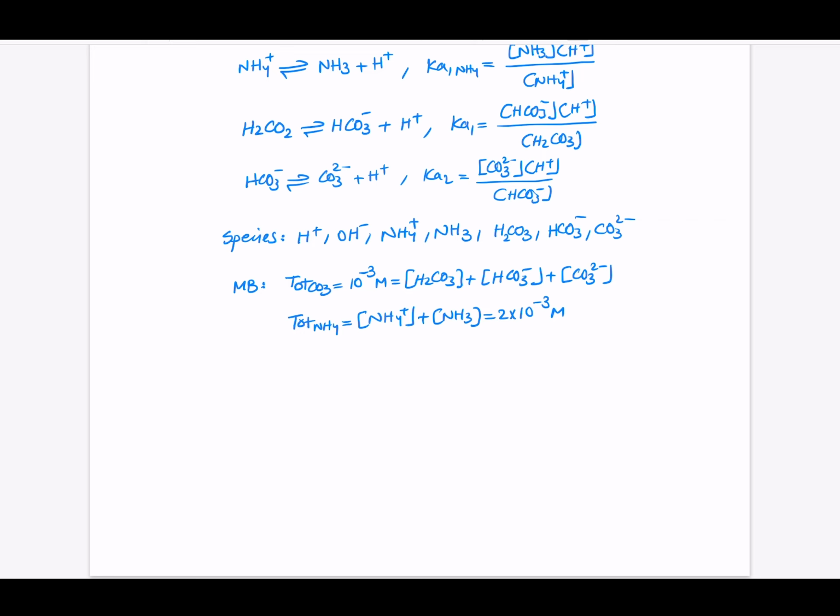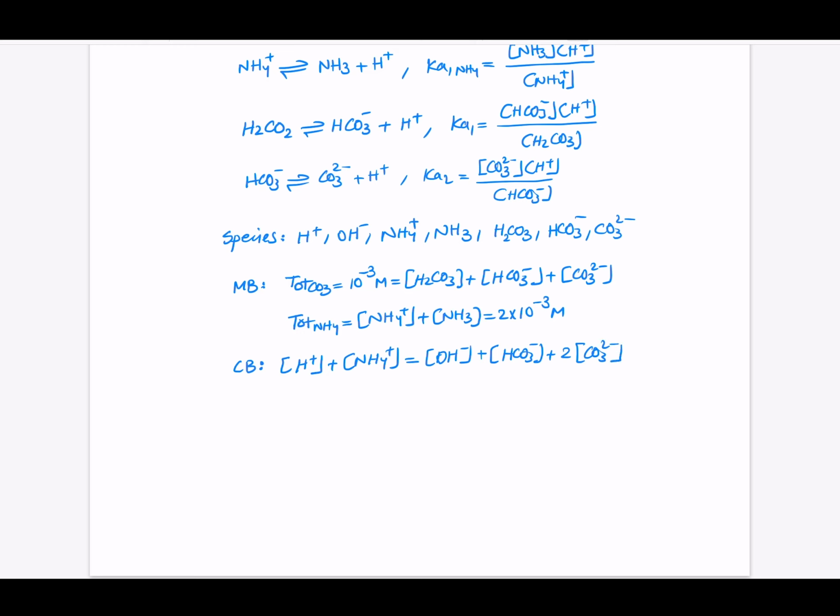And the last equation would be the charge balance. All the positively charged species, in this case H plus and ammonium, would be equal to OH minus, HCO3 minus, plus 2 CO3 2 minus.